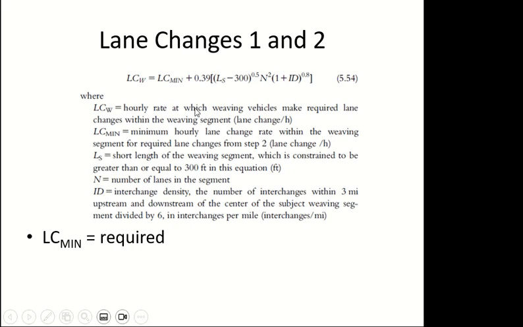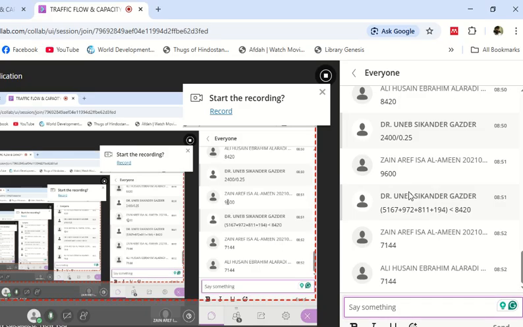So we'll calculate the number of weaving lane changes for the weaving vehicles. This one is already calculated. Now you calculate the rest of the things.